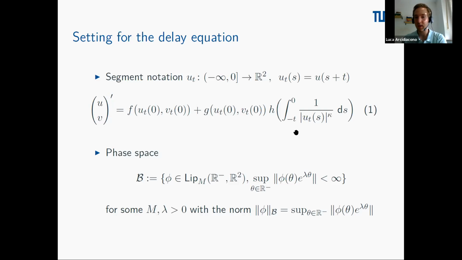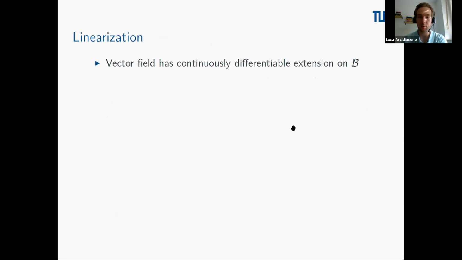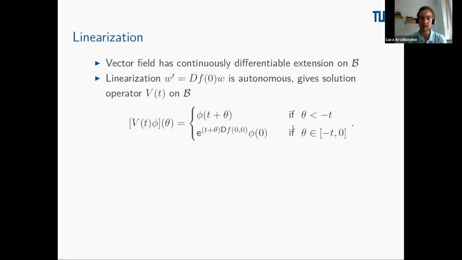So whenever u becomes 0, this is not well defined so far, but one can show that it is extendable, and in fact even has a continuously differentiable extension. And this means we can now use some linear theory to analyze this system.